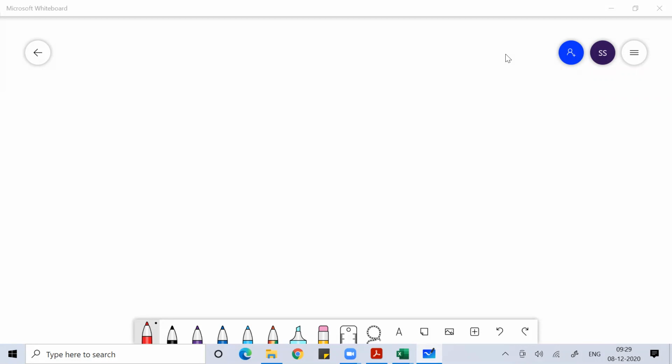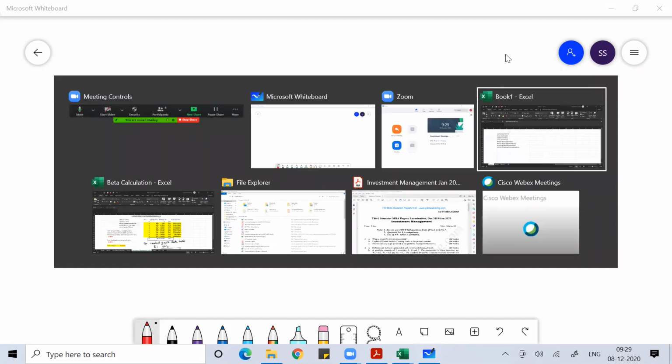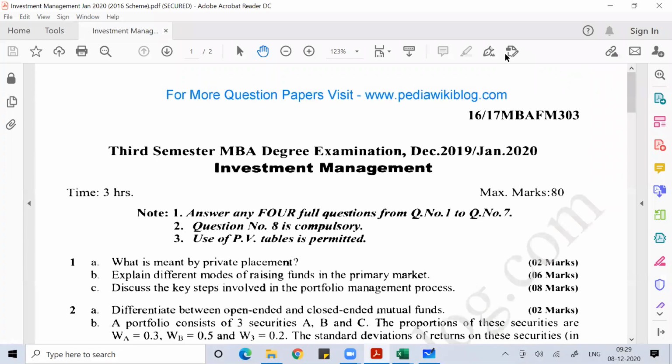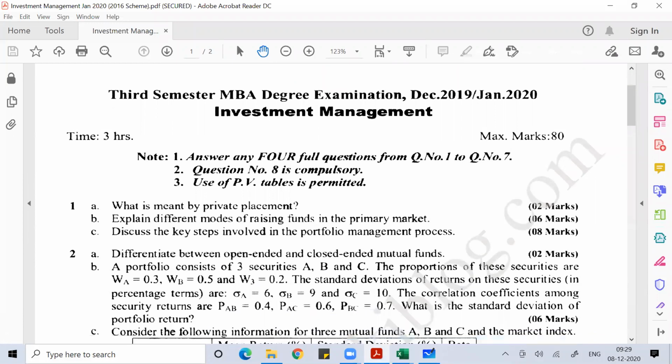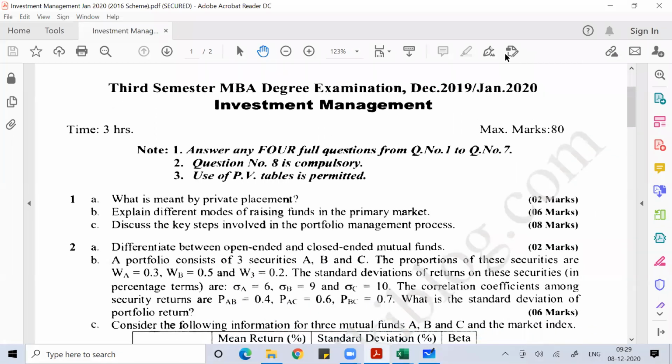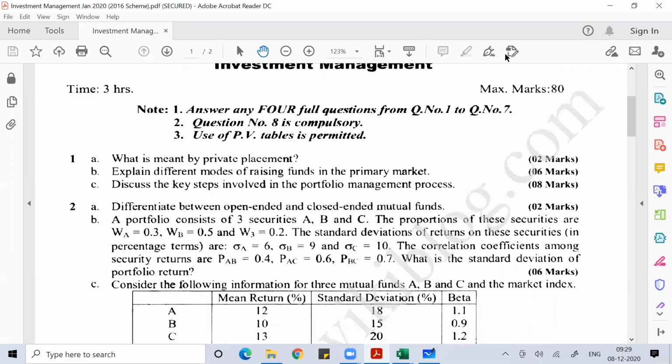Primarily from the last 4 or 5 classes, we are discussing the problems from the VTU question paper of the year 2020, and we are focusing mainly on numericals. In that process, we have done question number 2, part B, which was about finding the risk on a three stock portfolio.